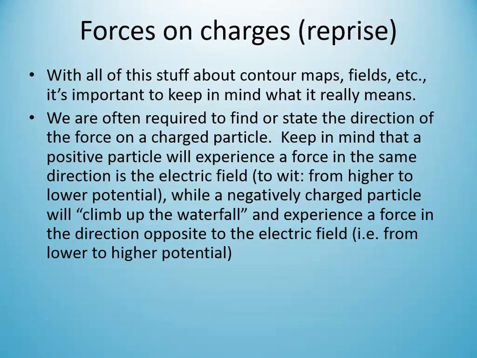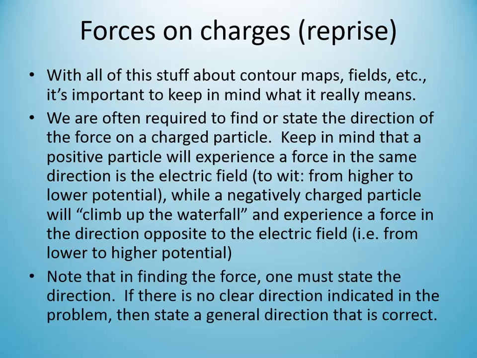Whereas a negatively charged particle actually naturally climbs up the waterfall. We don't have anything analogous to that in mass as far as we know, but in the case of a negatively charged particle, it's going in the opposite direction to the electric field, which means a negatively charged particle will naturally go from lower electric potential to higher electric potential.